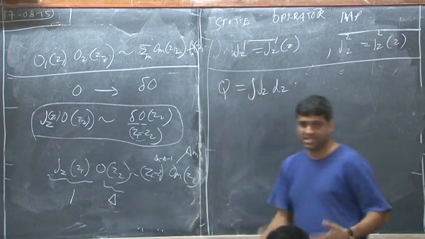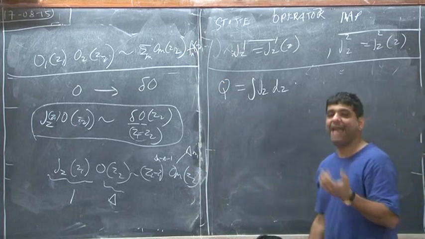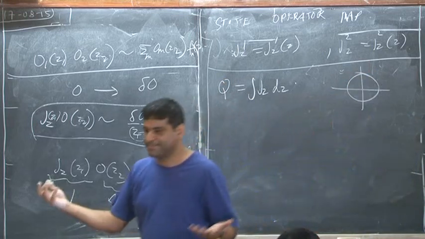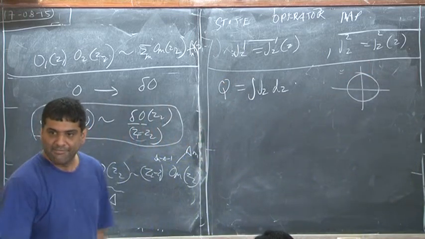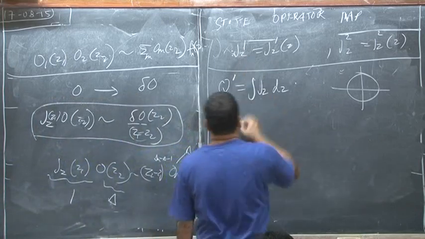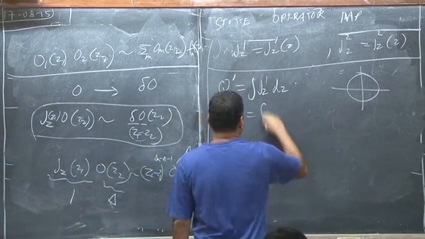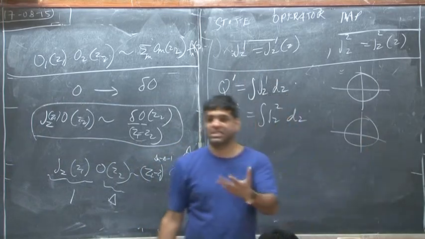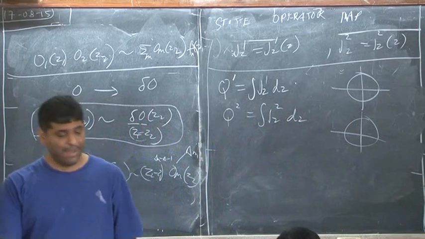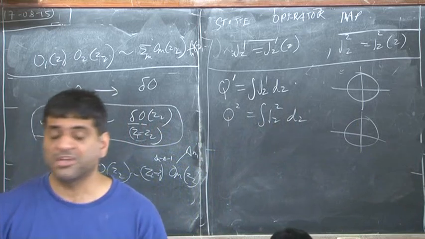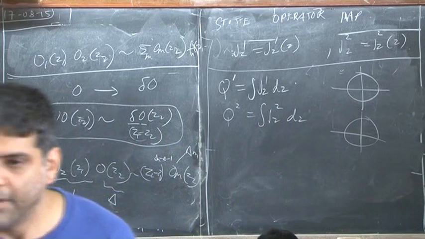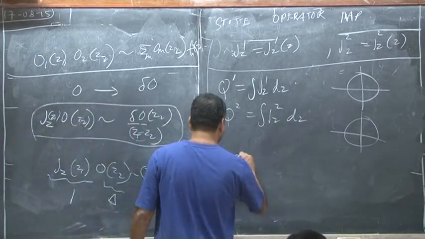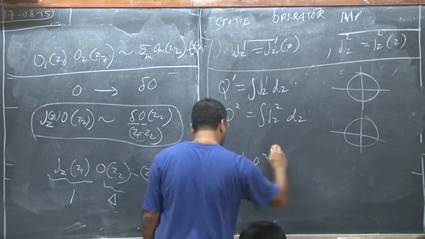Q is the integral of J(z) dz at a particular time, which in our quantization means at a particular radius. So this is Q1. Q2 similarly is the integral of J2(z) dz at whichever radius you wish. Now, what I'm going to do is ask, what can we say about the commutator between Q1 and Q2? Can we compute the commutator of Q1 and Q2?